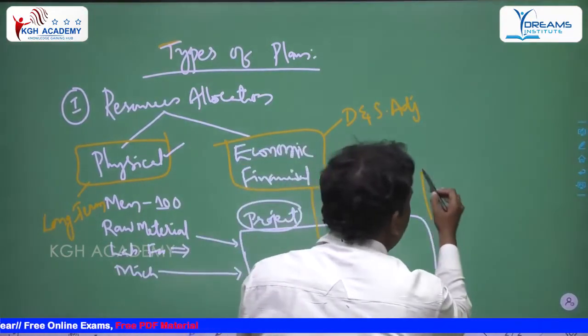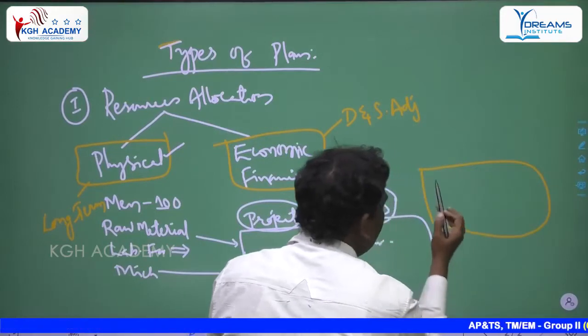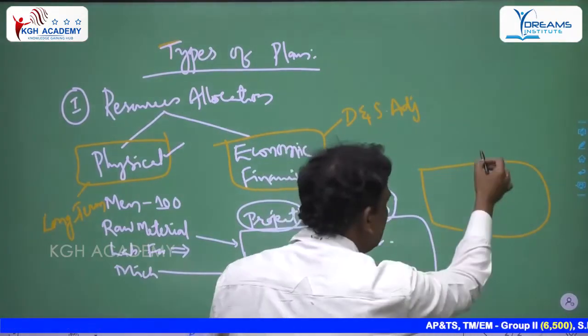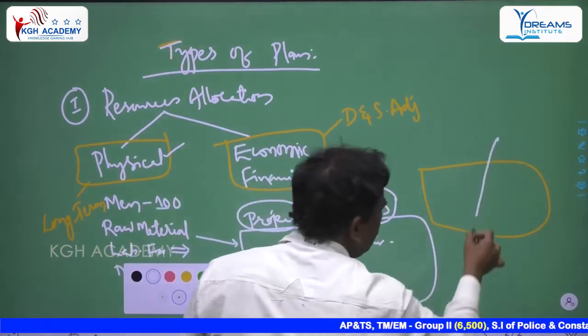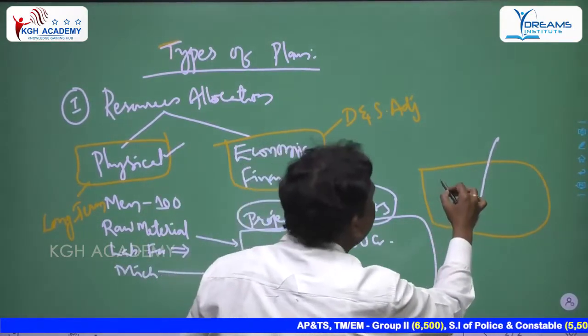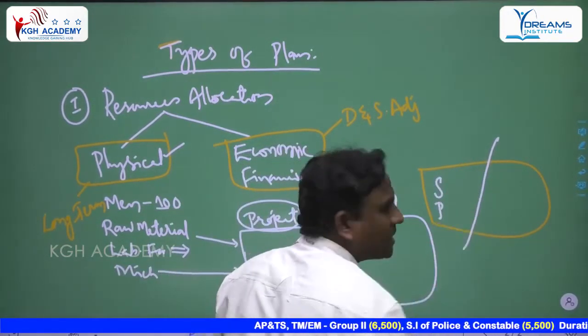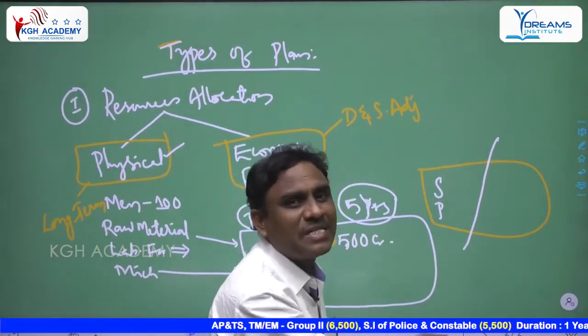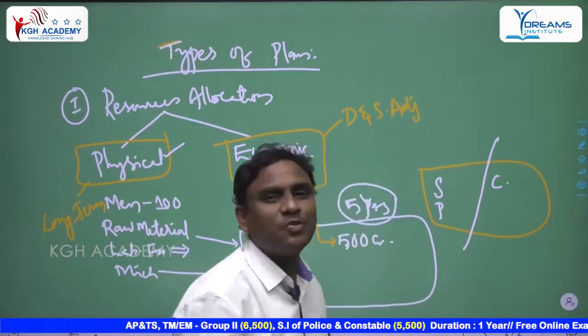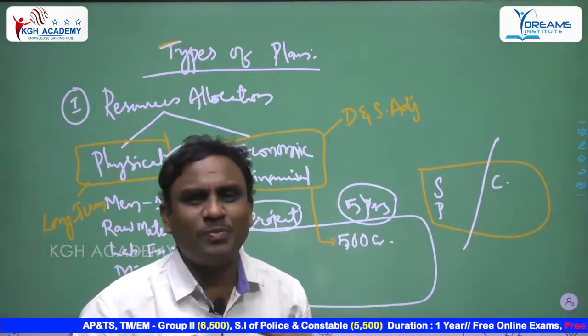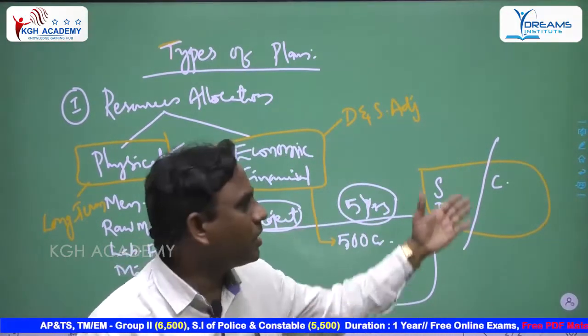One is supply: producers, suppliers, sellers. The second one is demand: consumers, buyers. We all are consumers.